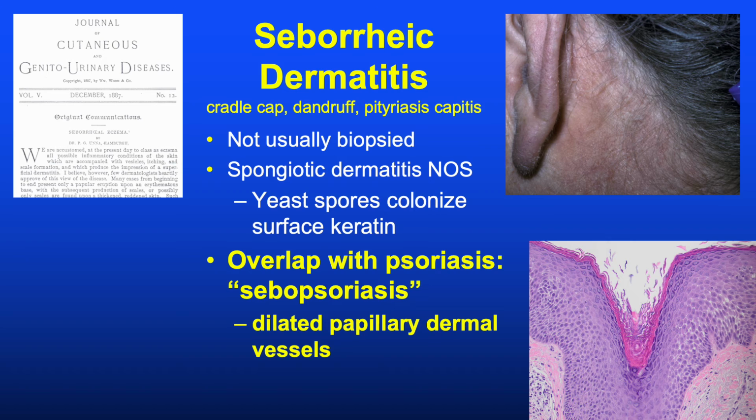And seborrheic dermatitis, particularly on the scalp, can be difficult, if not impossible, to distinguish from psoriasis, hence the clinical entity sebopsoriasis and corresponding overlap in histopathologic features in these cases. For example, dilated papillary dermal vessels, a hallmark of psoriasis, have also been reported in sebopsoriasis.